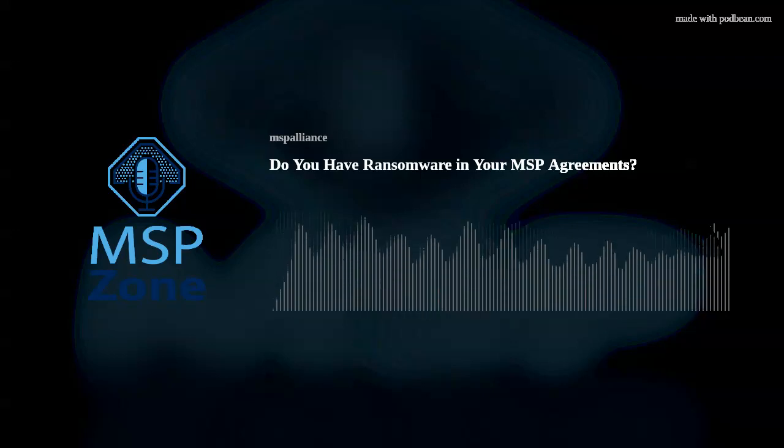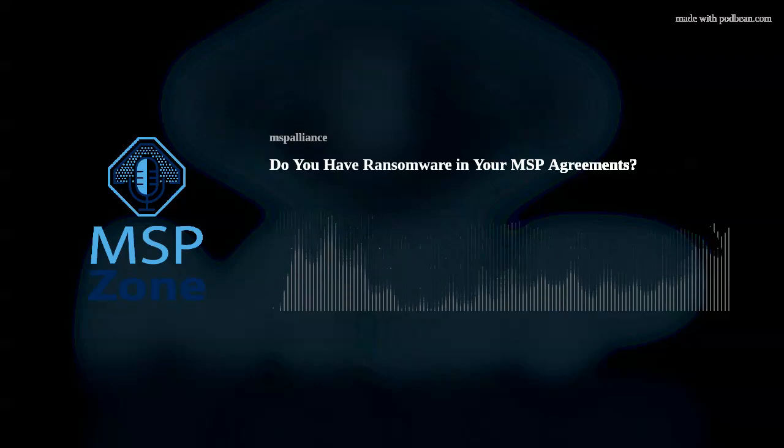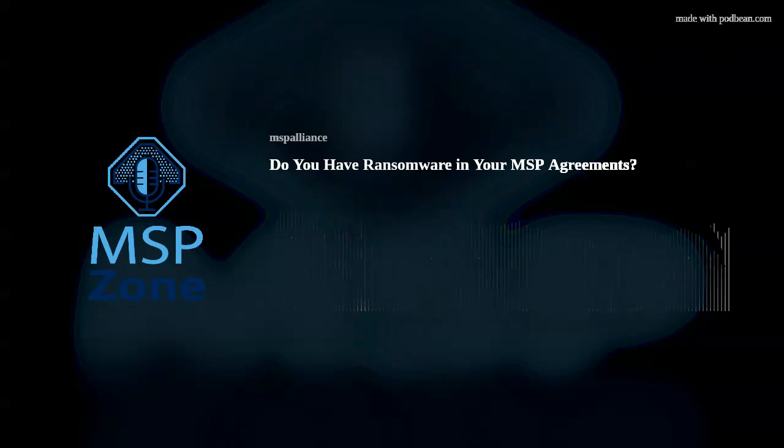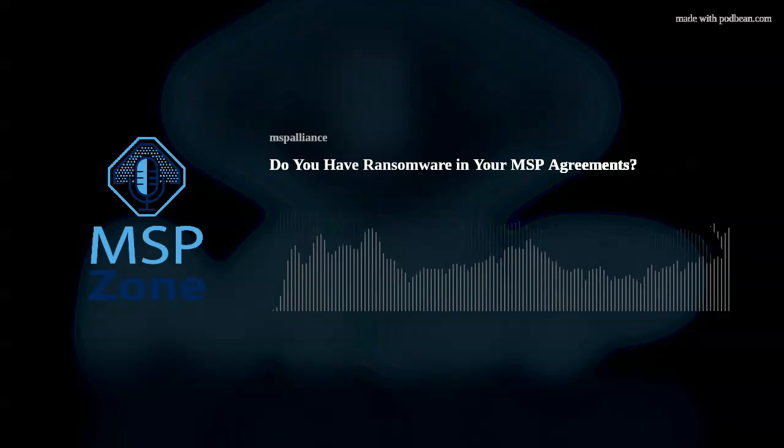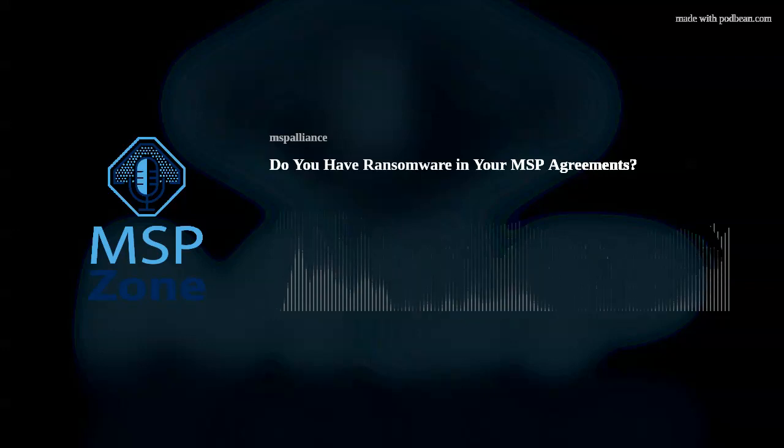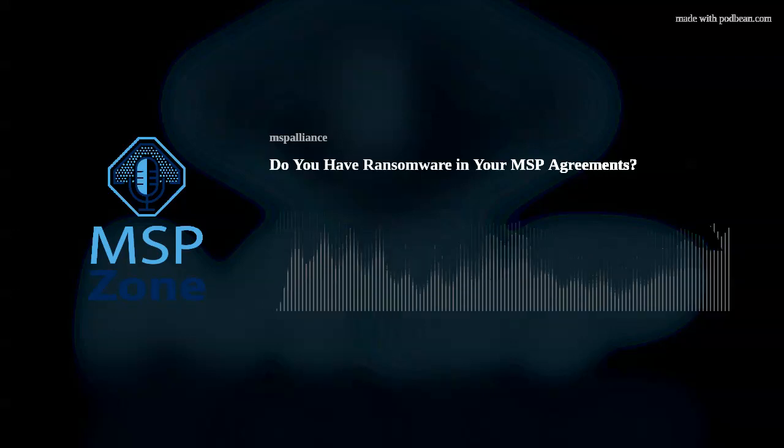The requirement for the MSP is to perform the services consistent with the standard of care and the terms of the service agreement. And that's why it's important to make sure that the service agreements make it clear that, one, if the customer suffers a ransomware attack, the customer has to decide whether to pay.